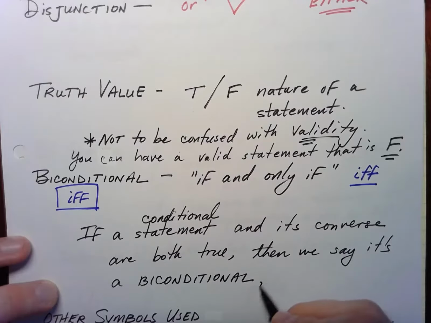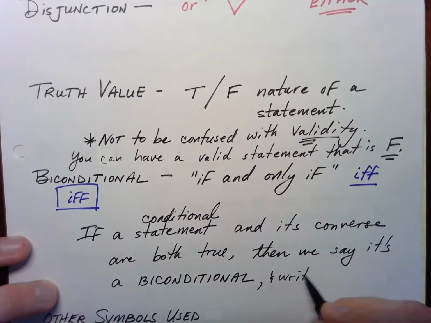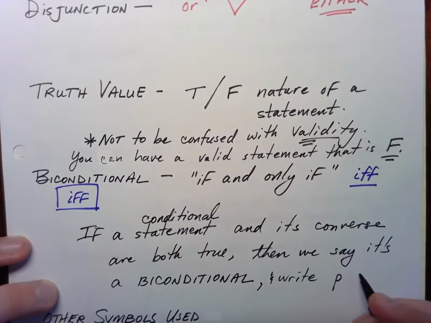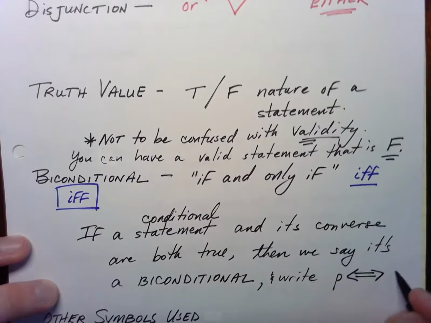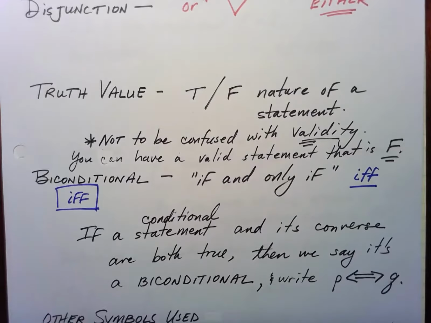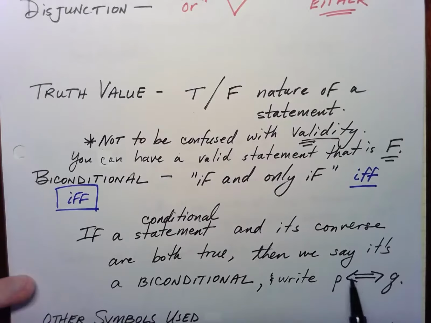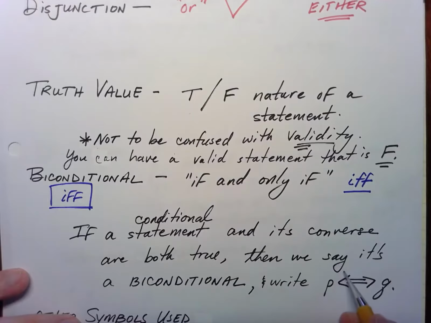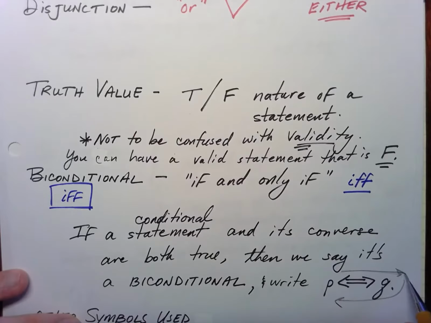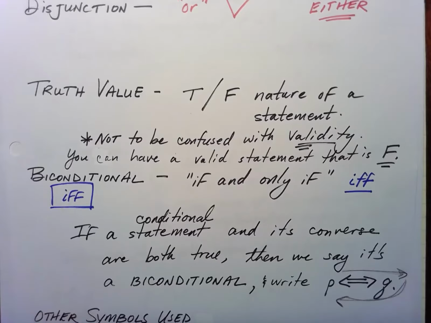And write P, a double-headed arrow, and Q, like that. This means if you can go one direction, you can turn around and come back. So if you think about it, you can go in this direction, or you can turn around and come back. So two-way, biconditional. Okay, we'll learn more about that in class.